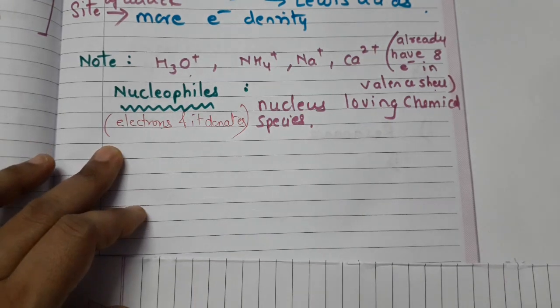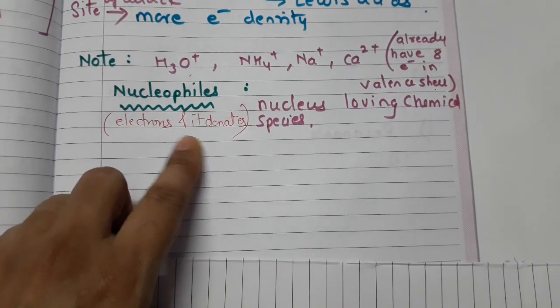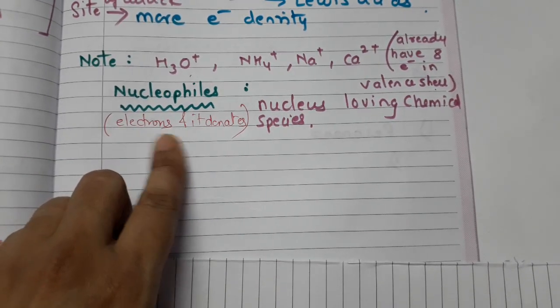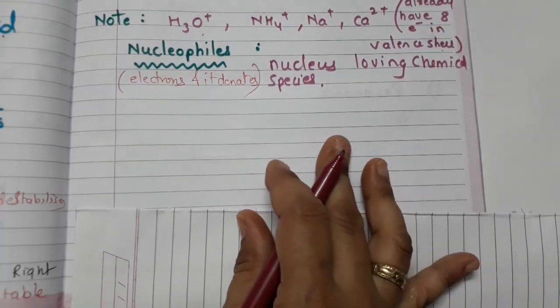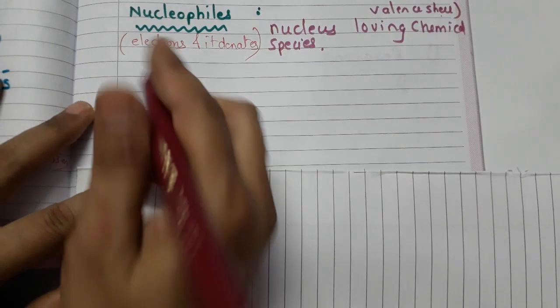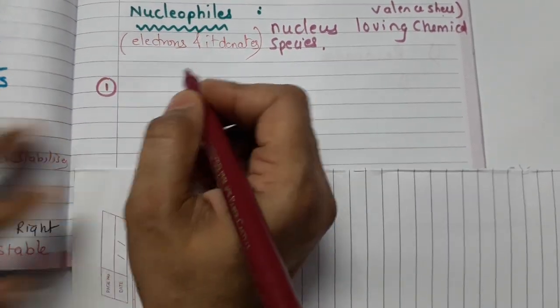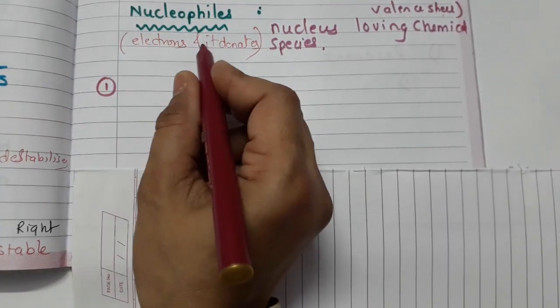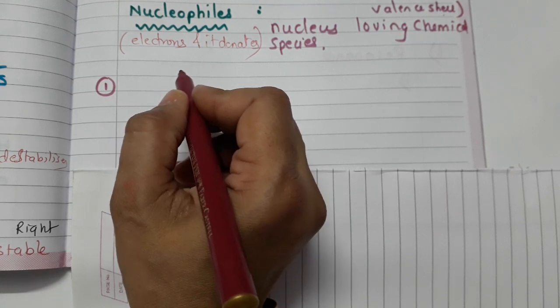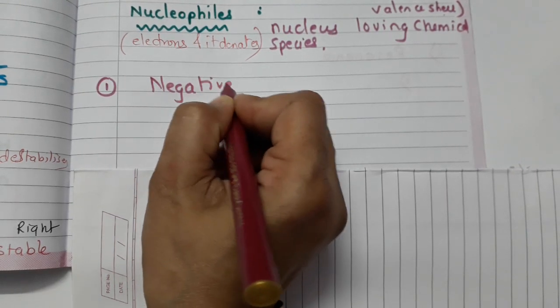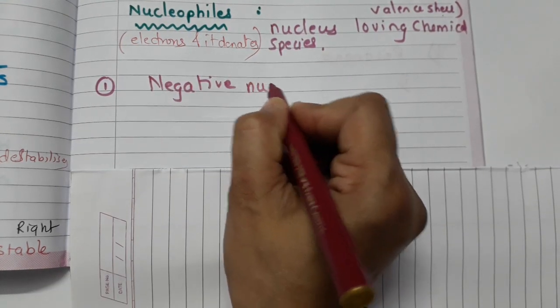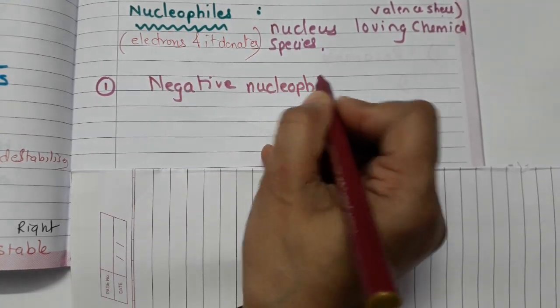Now when you remember these two keywords, that it contains electron and it donates electron, definitely it will come to your mind whether all the anions are nucleophiles. Yes, all anions are not nucleophiles, but certain negatively charged ions act as nucleophiles.